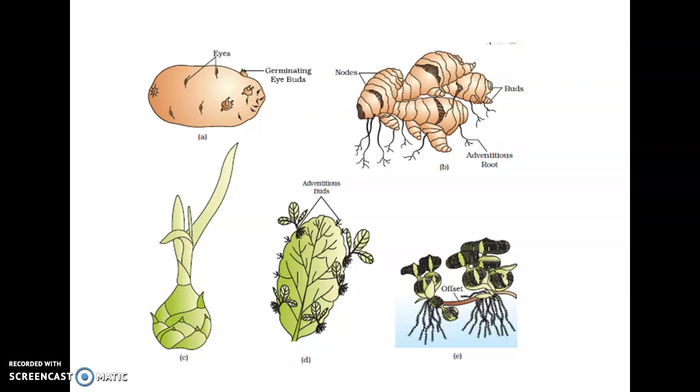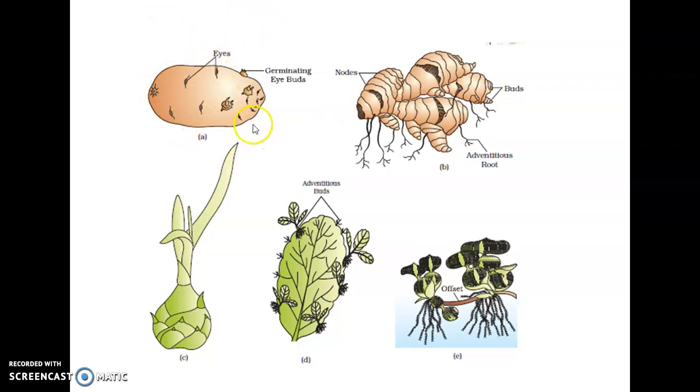Clear? So the term vegetative reproduction is used to explain asexual reproduction in plants, and the units are vegetative propagules such as runner, rhizome, sucker, tuber, offset, bulb. These parts are capable of giving rise to offspring, and are known as vegetative propagules.